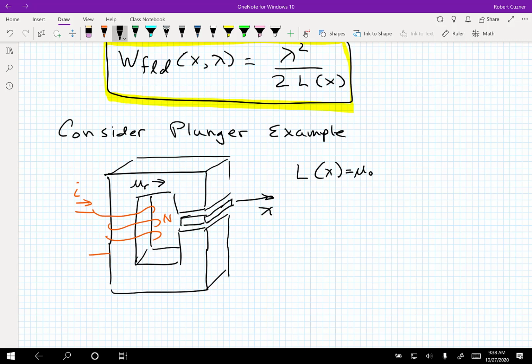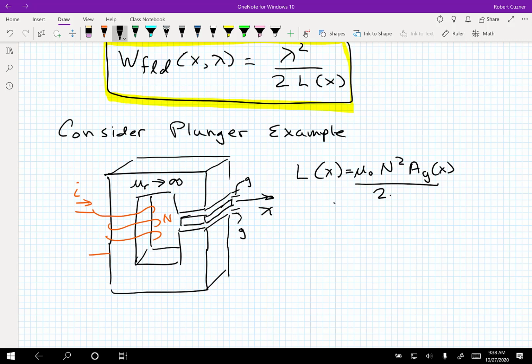Since we're doing this, we're actually going to end up with a pretty linear problem, and we're going to be able to simplify our results to something that you've probably seen before. So the expression for this inductance is N squared. We now have a variable gap area with X. There are two gaps, right? There's a gap here, and there's a gap here. We're using G to represent that gap distance.